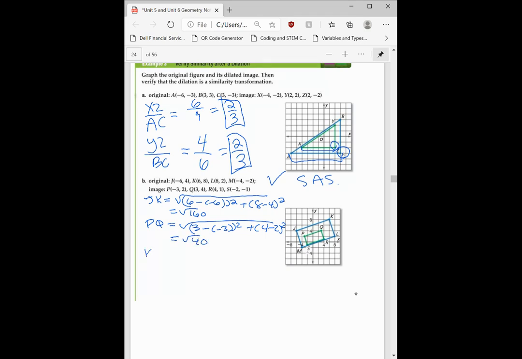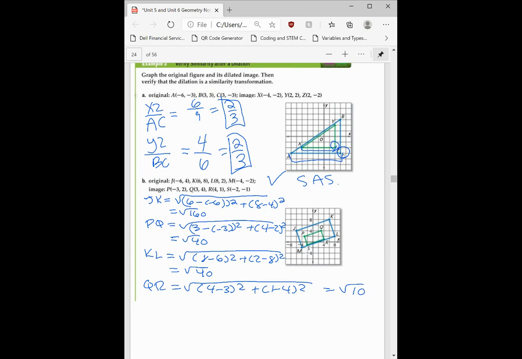Okay, now let's do KL. Square root of 8 minus 6 squared plus 2 minus 8 squared. So this gives us the square root of 40. QR is equal to the square root of 4 minus 3 squared plus 1 minus 4 squared, which is equal to the square root of 10.